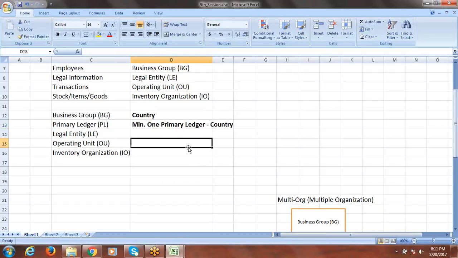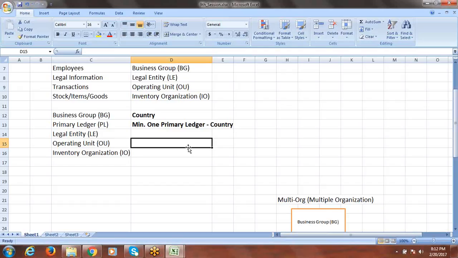Why can't we go with one primary ledger for multiple countries? When we are creating the primary ledger, we have to select the currency and the accounting method. Take a simple example: the client is running business in India and the US. I want to maintain one primary ledger for India and the US. Impossible.